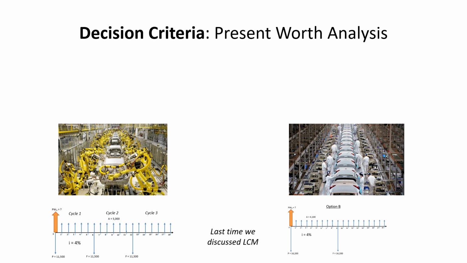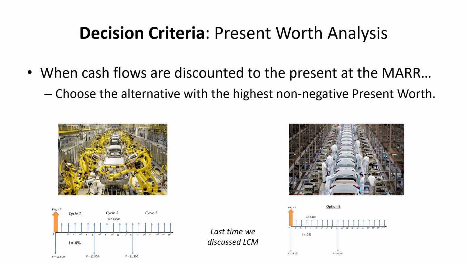So occasionally we'll have options that have negative values for both of them, and sometimes it's a piece of equipment that we have to buy regardless of the fact that it's a cost-only alternative. But if it's not a cost-only alternative, then we could reject both options and choose do nothing. But the decision criteria is just some sort of a standard you apply to know which alternative to choose.